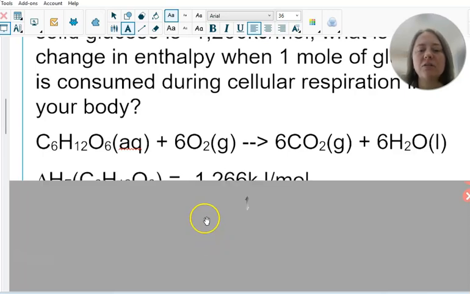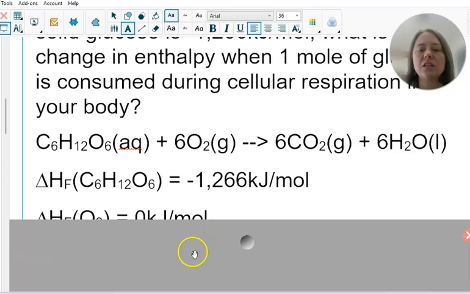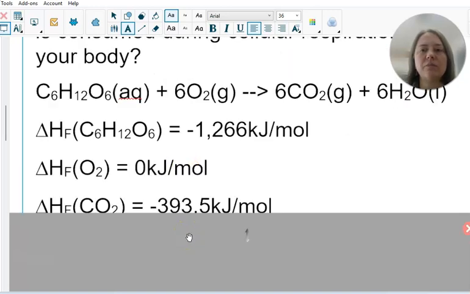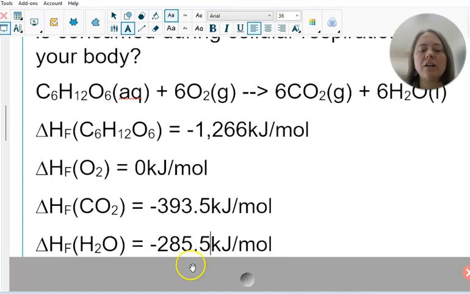As we talked about, glucose is negative 1,266 kilojoules per mole. And we know oxygen is a pure element, so it's going to be 0. Carbon dioxide, negative 393.5 kilojoules per mole. And water, liquid water, is negative 285.5 kilojoules per mole.